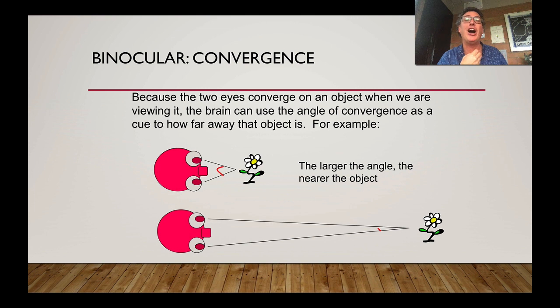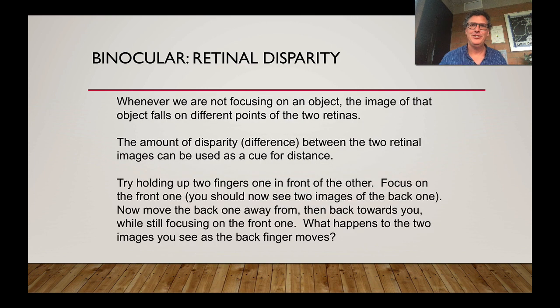The next part, I think, is retinal disparity. It's a complicated kind of concept, but let me try. Let me say it this way. When we focus on an object, what that does is it puts that object on the exact same spot, or in fact, the mirrored spot, but let's call it the same spot, on each eye.